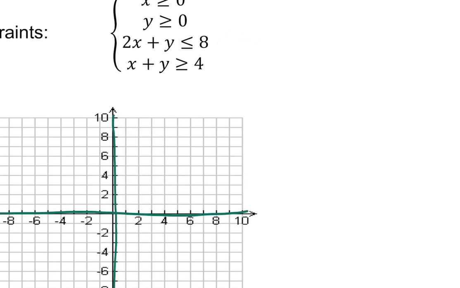Let me change the color. Let's try to graph this one in blue. When x is equal to 0, y is 8, it's right here. When y is equal to 0, x is 4, which is right here. So it's going to pass through these 2 points, and it's going to look like this.